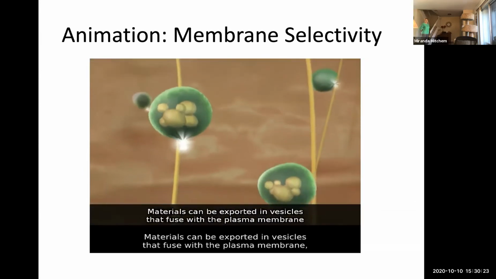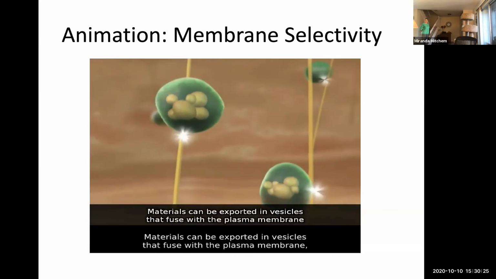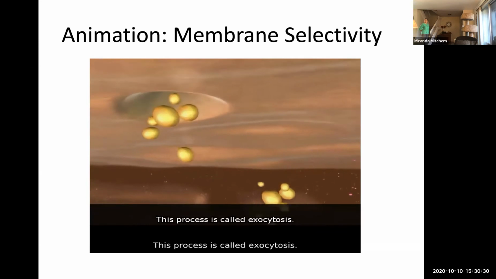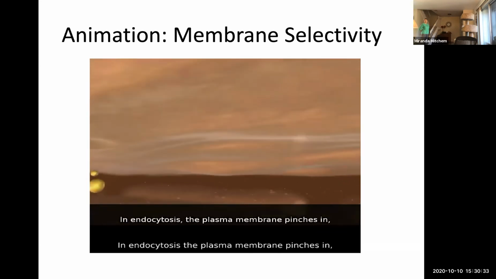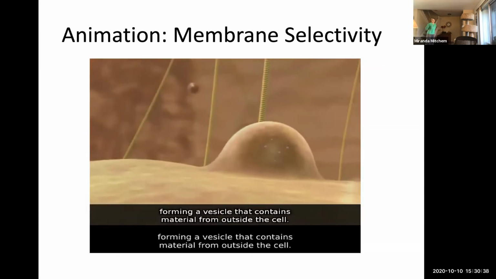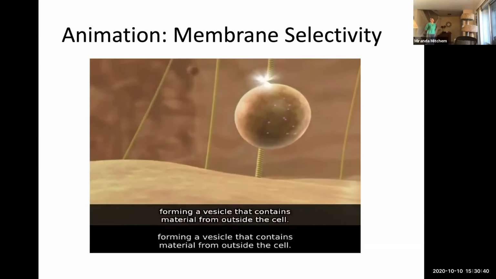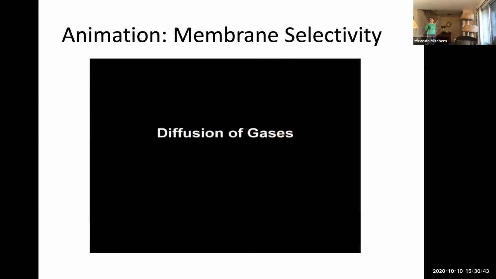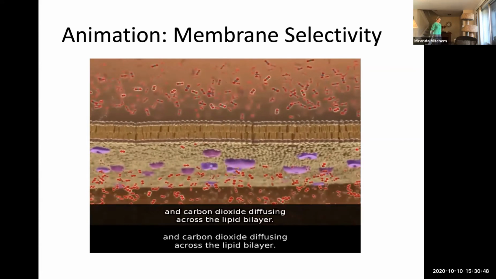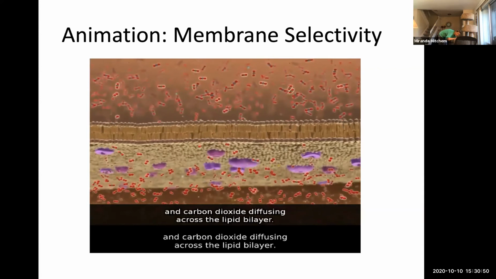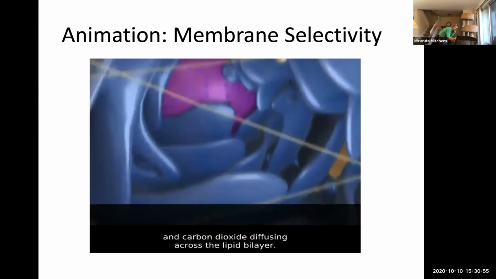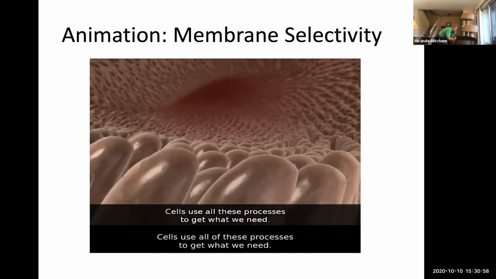Materials can be exported in vesicles that fuse with the plasma membrane and release their contents outside the cell. This process is called exocytosis. In endocytosis, the plasma membrane pinches in, forming a vesicle that contains material from outside the cell. On this side of the cell, we can also see oxygen and carbon dioxide diffusing across the lipid bilayer. Cells use all these processes to get what we need.